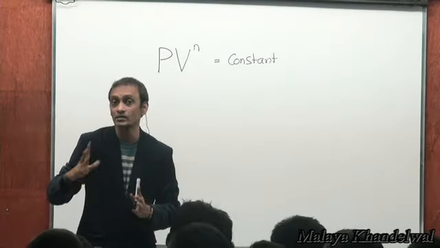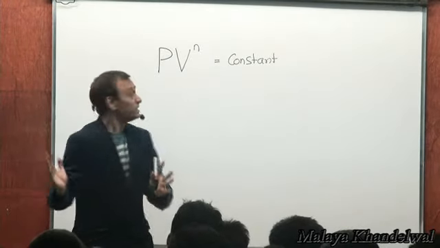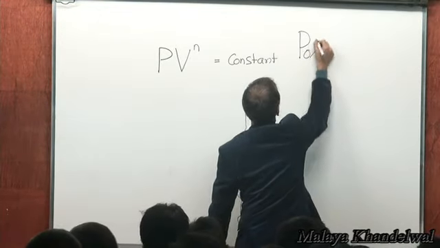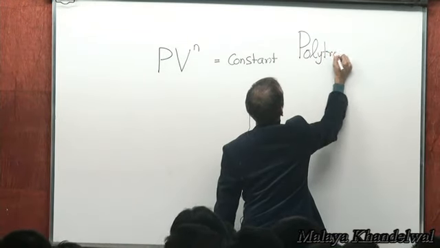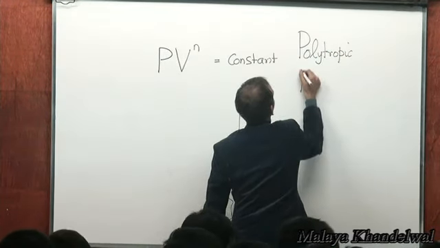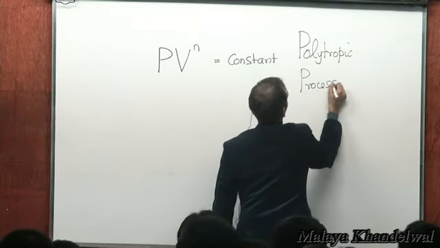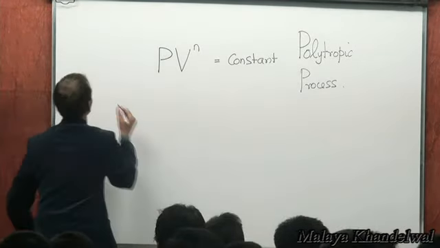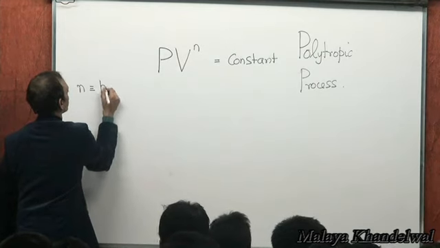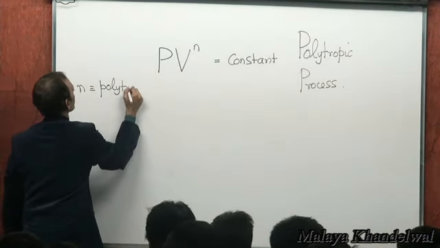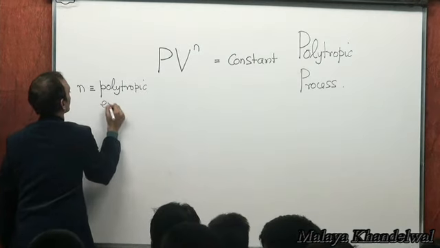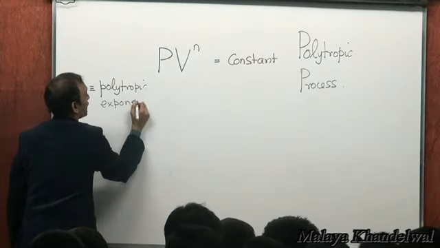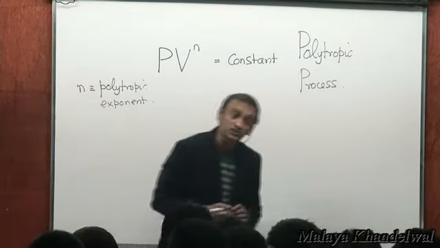But when n is not gamma, then PV to the power n equal to constant is referred to as a polytropic process. N is called the polytropic exponent. Gamma was the adiabatic exponent, N is the polytropic exponent, right?